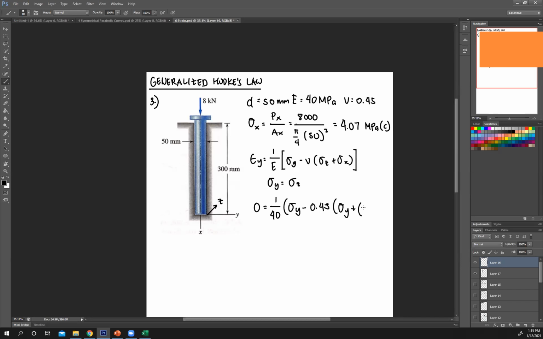Now this stress is in compression, that's why this is negative 4.07. What's sigma y? Correct, negative 3.33.